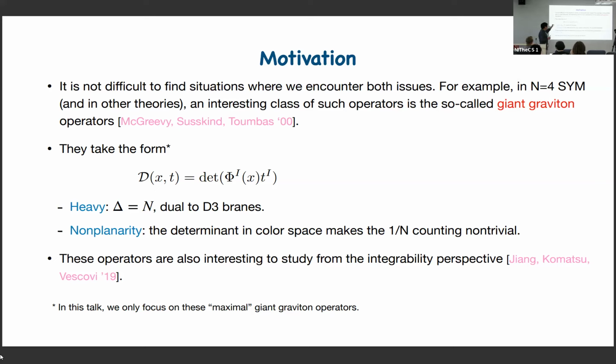Using these determinant operators, we can actually access non-planar features of the theory. These operators are also interesting targets from the perspective of integrability, because these determinants, more precisely these maximal giant gravitons, actually also preserve integrability.